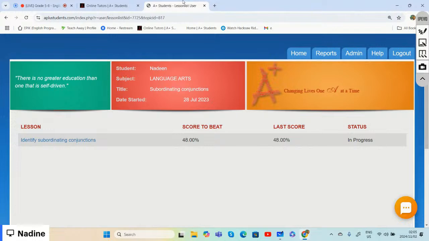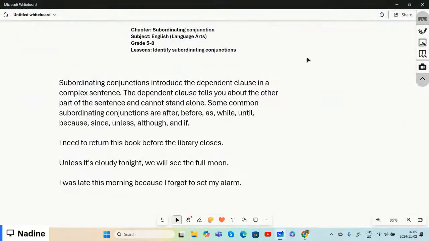All right. So our chapter is subordinating conjunction. Our subject is English language arts. We're doing grade 5 to 8, mainly focusing on grade 5.